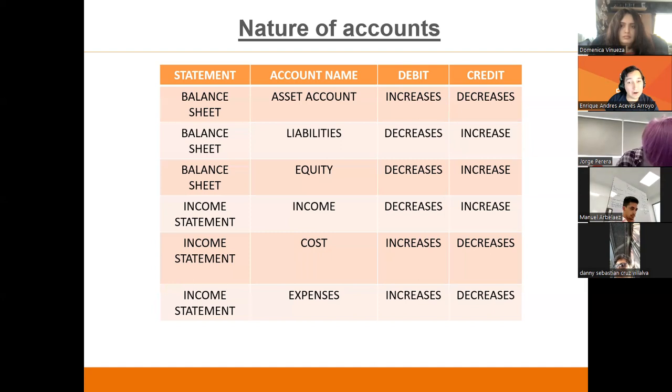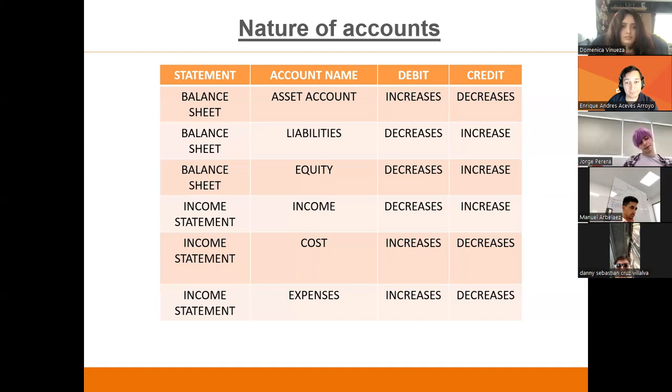So are the costs negatives or positives? Analyze it. If the income is negative, are the cost and the expenses, in order to subtract the income, positives or negatives? Positives.